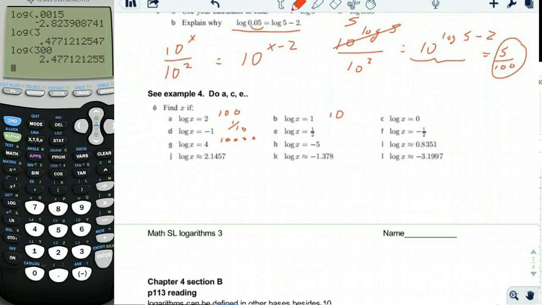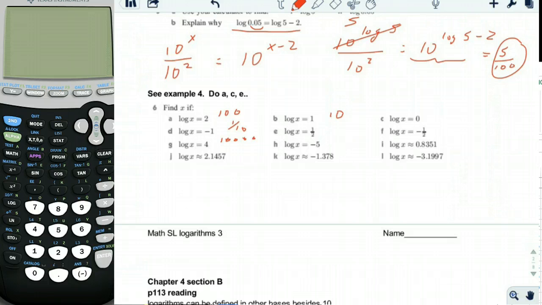Well, that would be the square root of 10, right? Because 10 to the 1/2. This would be 10 to the 0. This would be 10 to the -1/2, okay, which would be 1 over the square root of 10.